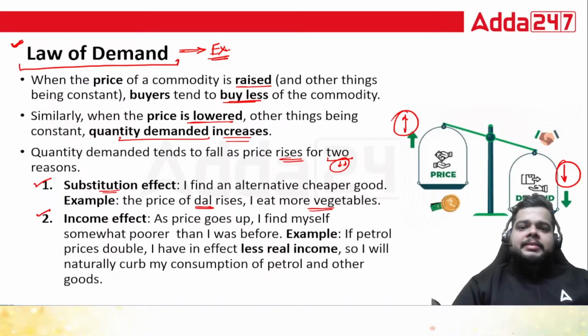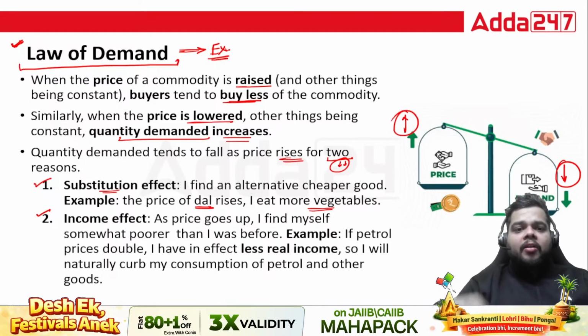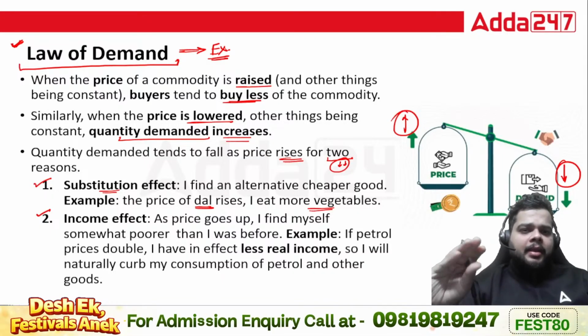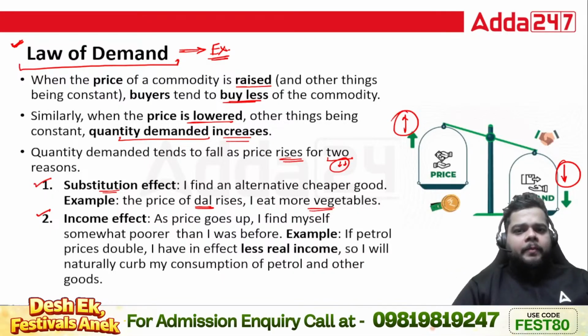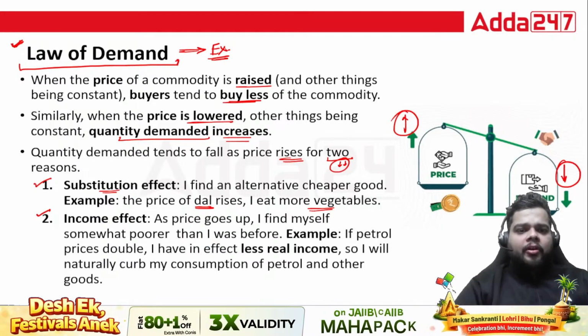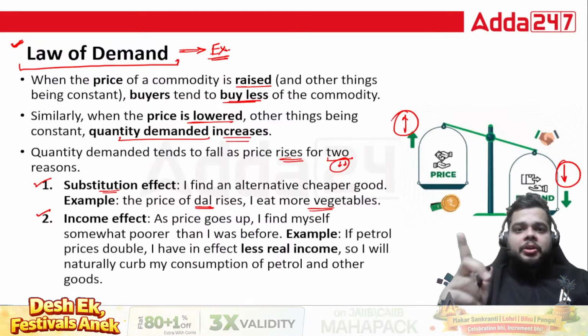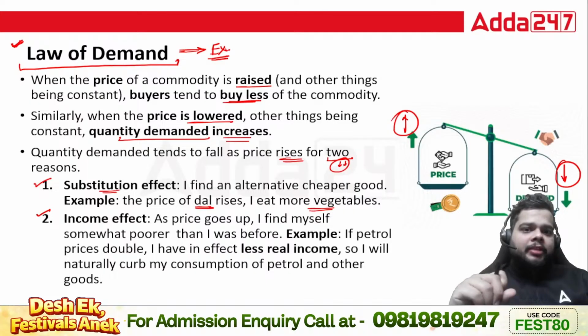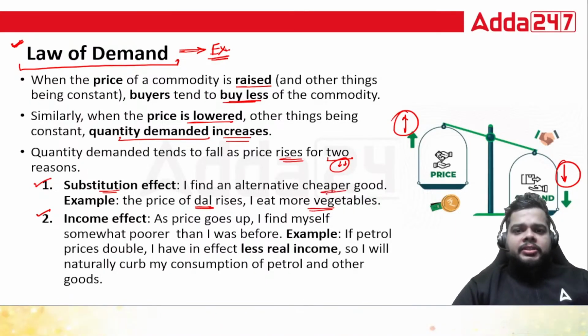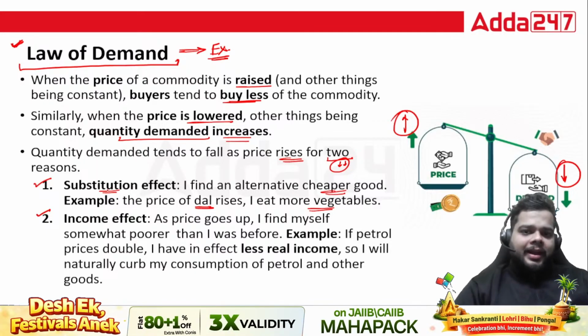And that is the reason why the demand for dal will fall. With the increased price, I have switched to vegetables. So my individual demand will fall. Okay, and what was the reason behind it? Substitution. I had one alternative with me in the form of vegetables. So I find an alternative, cheaper good. That simply explains the substitution effect.